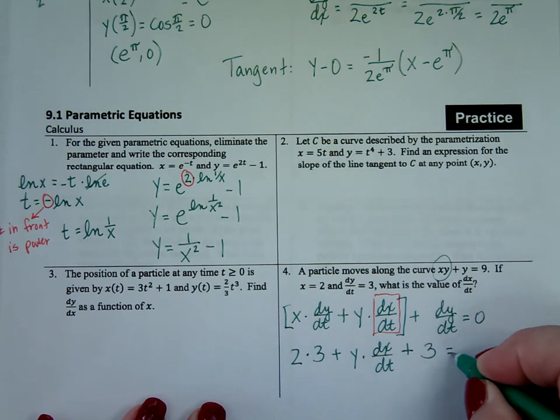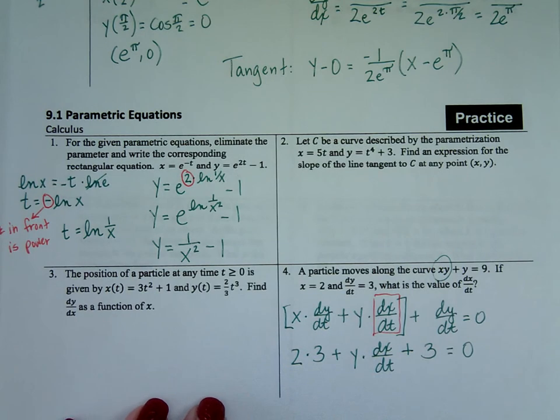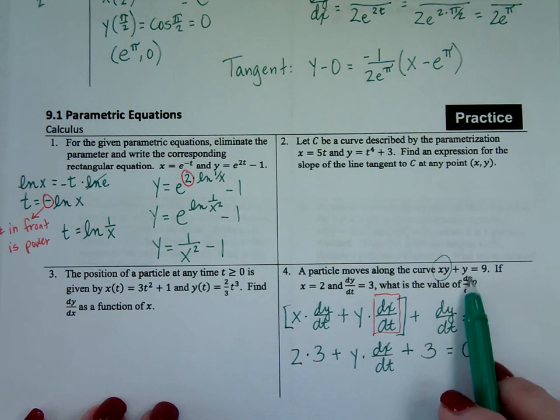So I'm just plugging in. Can you solve an equation with 2 unknowns? No, I can't. So there's got to be a way I can find y, because ultimately I'm trying to find dx over dt.